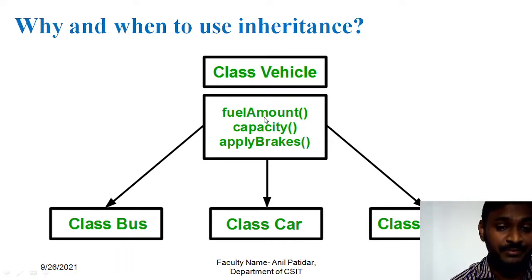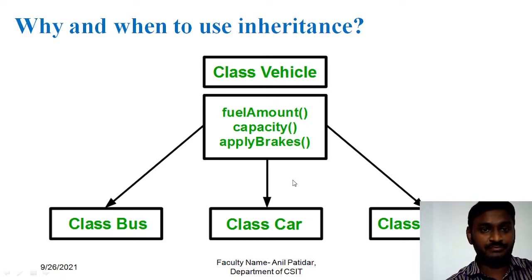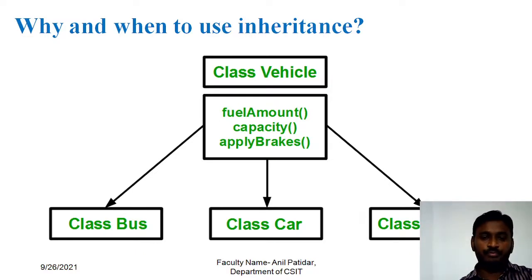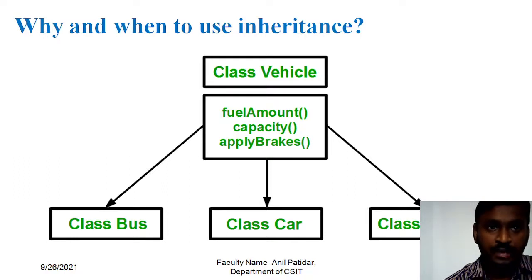Here vehicle is the base class that provides its properties to the derived classes: bus, truck and car. So by using inheritance we write the functions only one time instead of writing them three times.